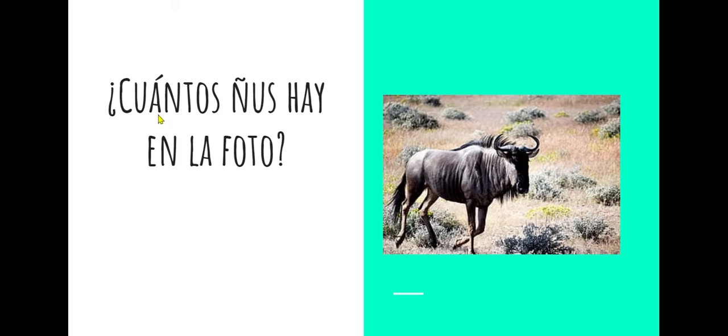¿Cuántos? How many ñus, wildebeest, are there en la foto? Hay un ñu en la foto. Clase, ¿hay cocodrilos en la foto? Are there crocodiles en la foto? No, no hay cocodrilos en la foto.